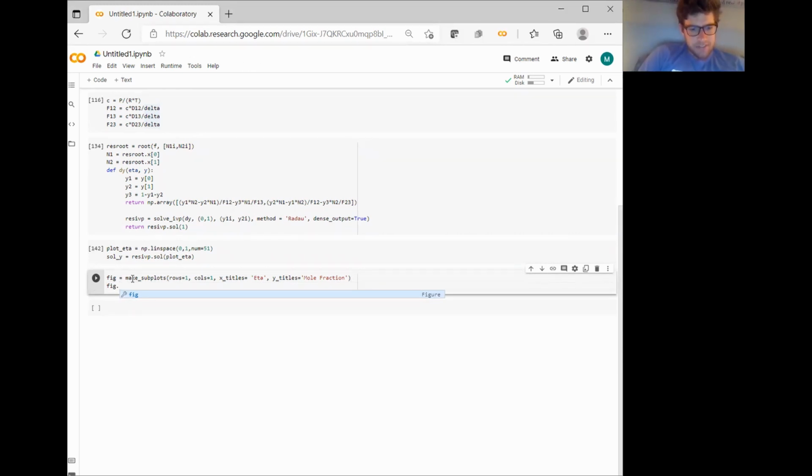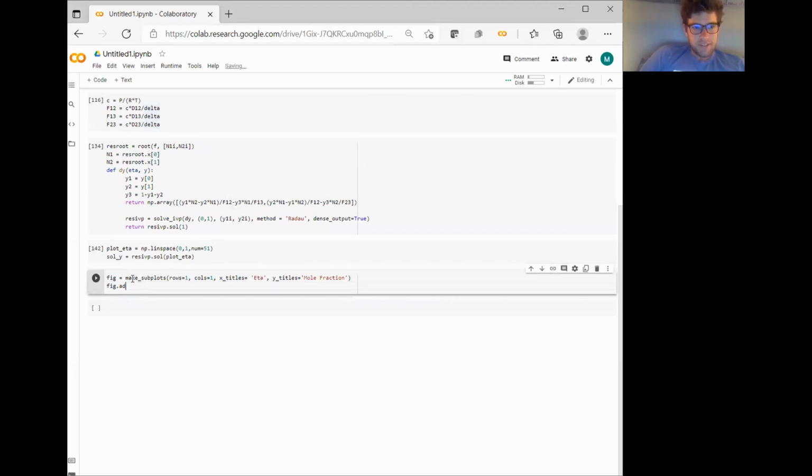Let's just try that. Figure add subplots. I know it goes scatter. Go dot scatter.